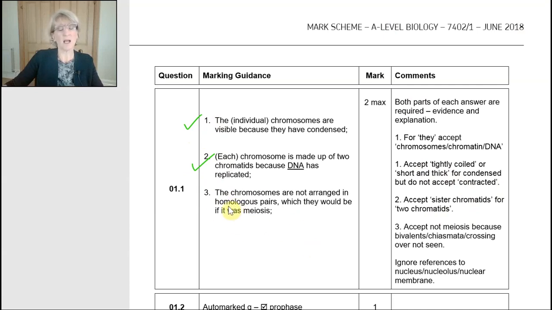Mark point 3, I understand what the examiner is getting at, that the chromosomes weren't arranged in homologous pairs, but I kind of know that that happens partway through prophase, so it wasn't an obvious piece of evidence to me, but I fully understand why other students would have thought of that.